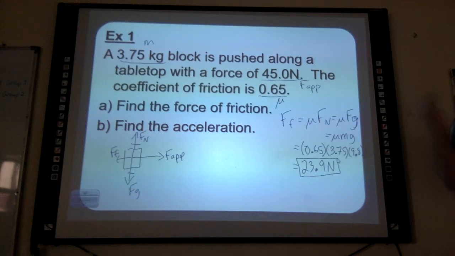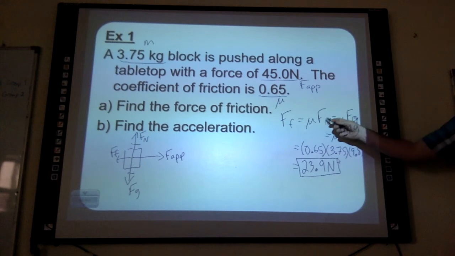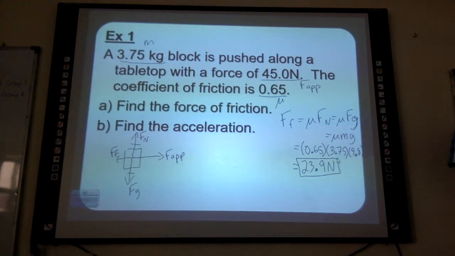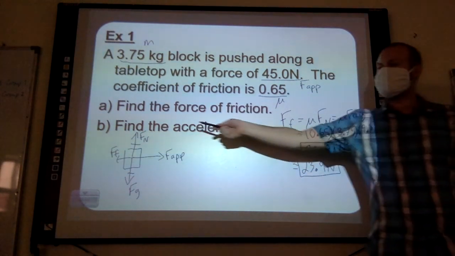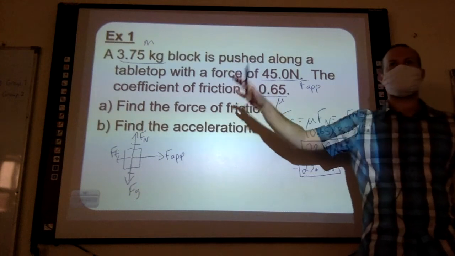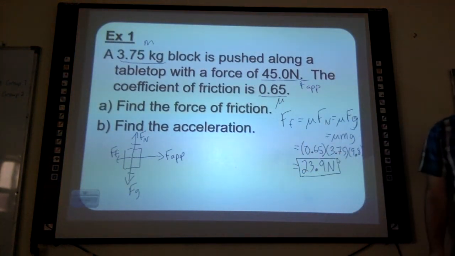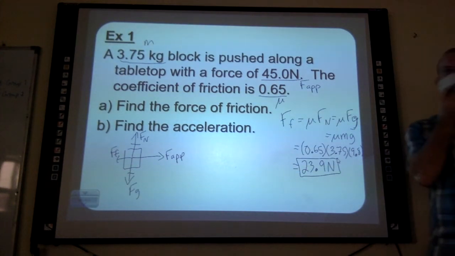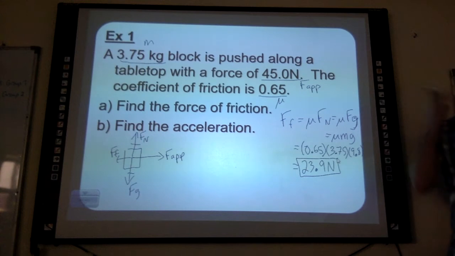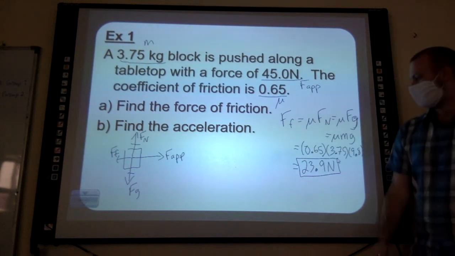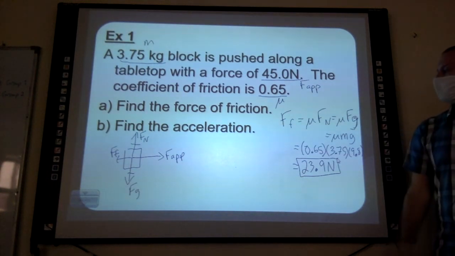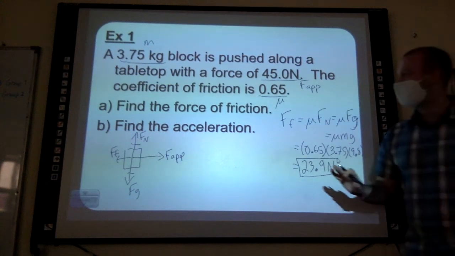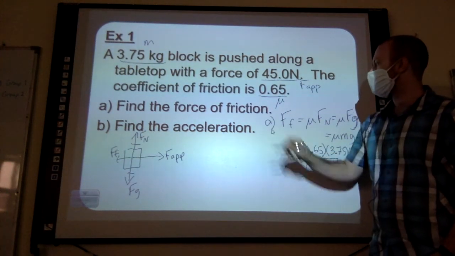Again, next year I'm going to mess up that statement, but for this year, if it's on a surface, Fn is going to equal Fg. When in doubt, draw the free body diagram, because I will always tell you. If it's not on the surface, is it air resistance? It might be air resistance, it might be some sort of lift force, it might be tension. There's a bunch of things it could be. All right, so this was A. This is solving for A.